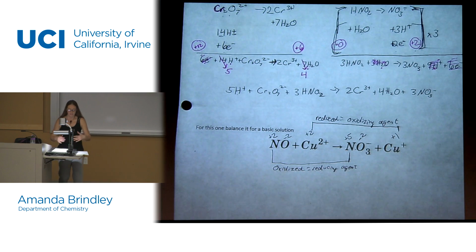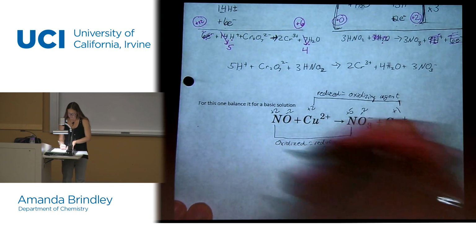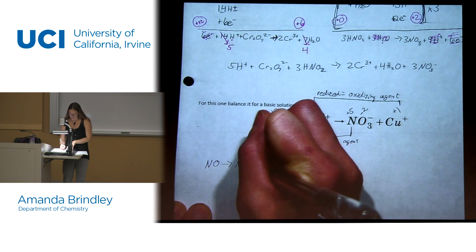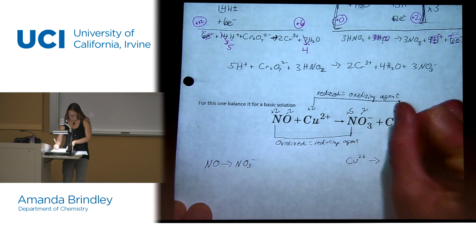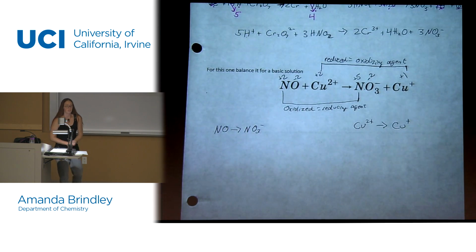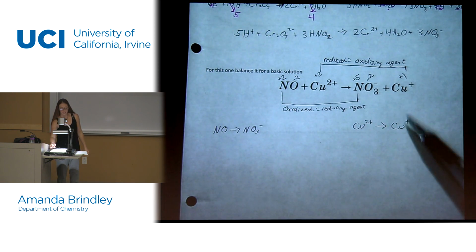Okay, now we do the same thing as we did before. We split it up. I'm going to go through this one a little bit quicker. It's also just an easier problem. So let's start with the copper this time because it's simpler. Balance everything that isn't hydrogen and oxygen.